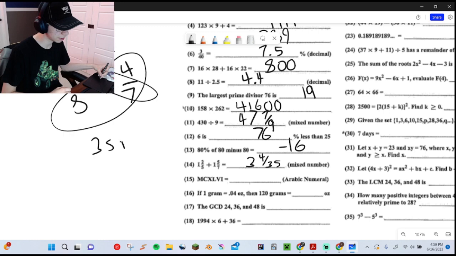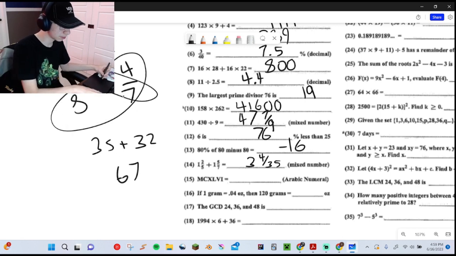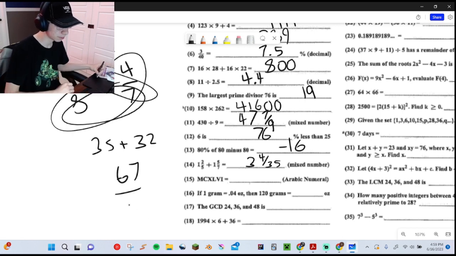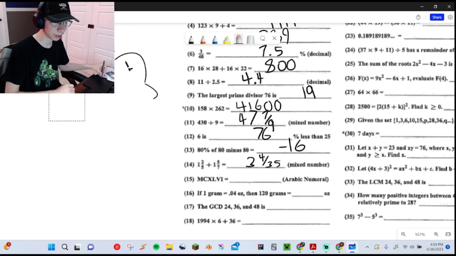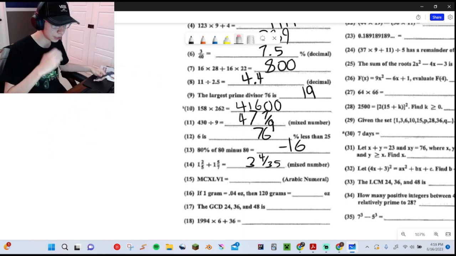So 35 plus 32, that's 67, over the product of this cross, here at the bottom. That's 56, so as a mixed number, that would be 1 and 11 over 56. And the cross, that works when you're adding any two fractions.